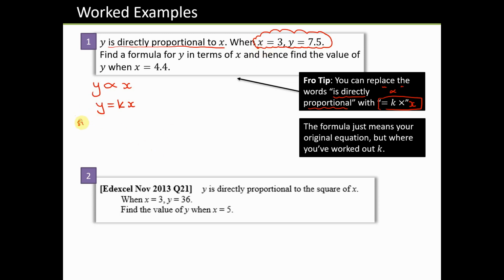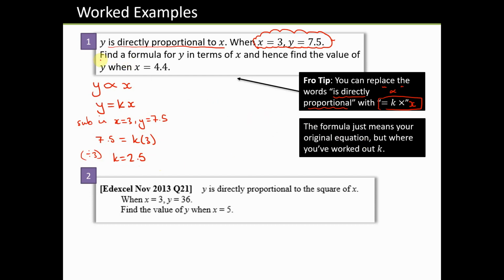That's like saying we were given at the start 8 meters per second, 240 meters distance travelled. They were our two x and y values like we've got here. So if we sub this in, 7.5 equals K times 3. So let's divide by 3. We've now got K equals 2.5.